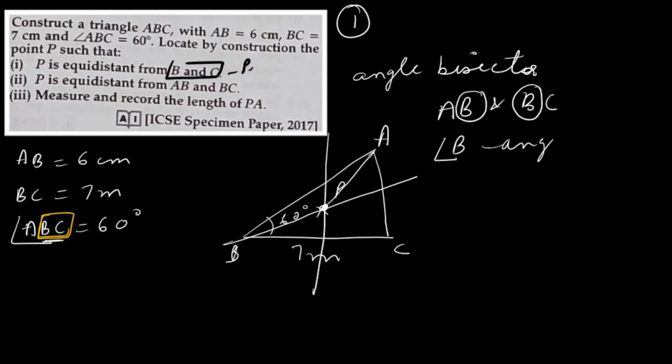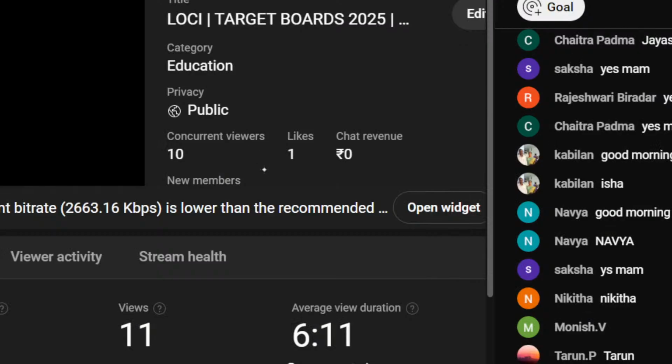So let's start its construction. See, rough sketch I have given, labeling you have to do this way. In the construction screen I won't be able to write anything, only drawing I'll be able to do. So do it along with me and label it while doing. So let's start. Okay, one second.